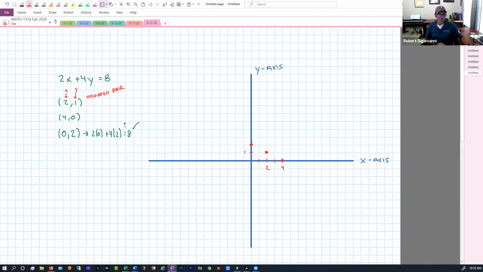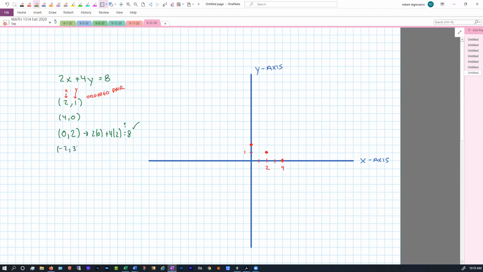Okay. Let's do one more. Can somebody give me an ordered pair where one of the numbers is negative? -2, 3.